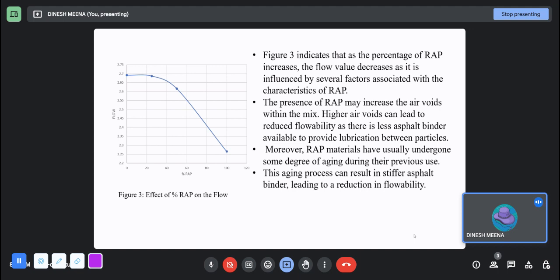Higher air voids can lead to reduced flowability as there is less asphalt binder available to provide lubrication between particles. Moreover, RAP materials have usually undergone some degree of aging during their previous use. This aging process can result in stiffer asphalt binder, leading to reduction in flowability.